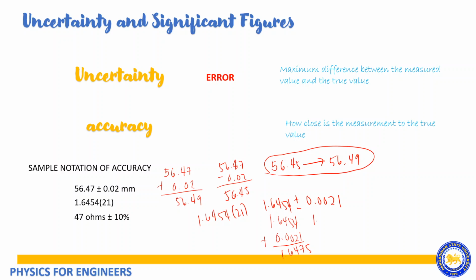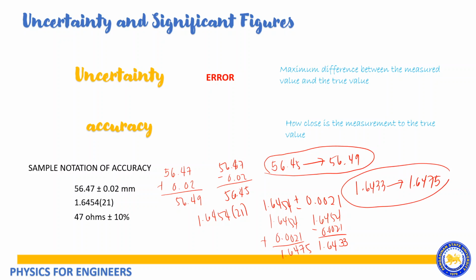Pag nag-minus naman tayo, 1.6433. So, ang true value niya ay pwedeng from 1.6433 hanggang 1.6475. Dito siya nagre-range. Yan ang ibig sabihin ng notation na yan.